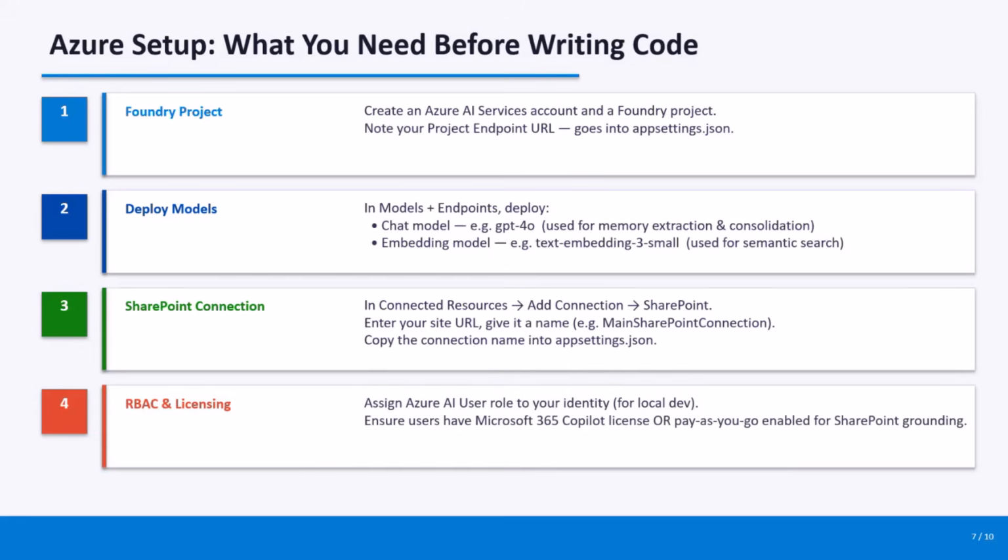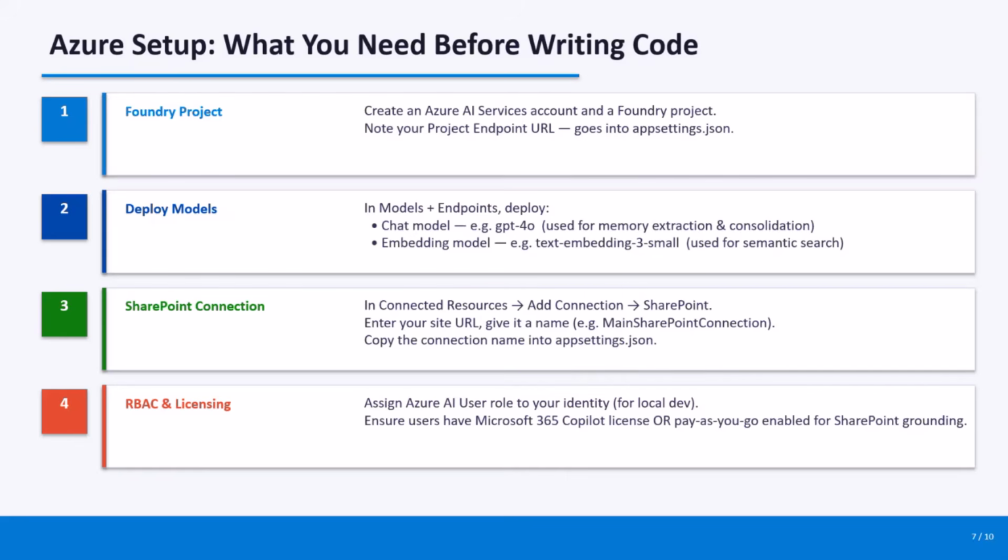And finally, RBAC and licensing. For local development, your identity needs the Azure AI User role, but this one's really important. If users are interacting with the SharePoint grounded agent, they need a Microsoft 365 Copilot license, or you need pay-as-you-go enabled.